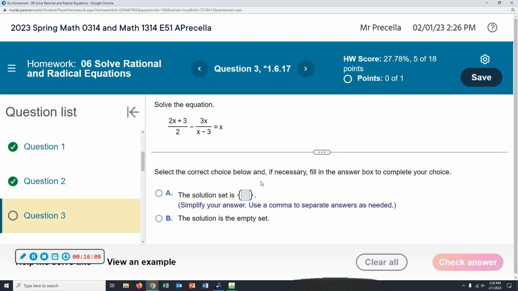This is number 3. When you write it down, spread it out, because we're going to be multiplying through to get rid of the fractions.